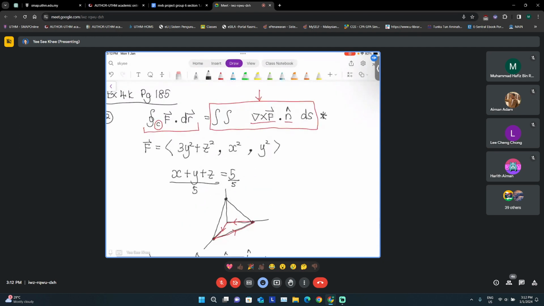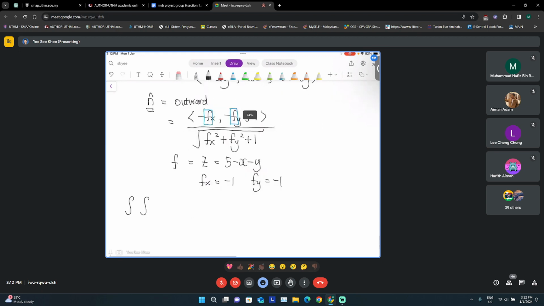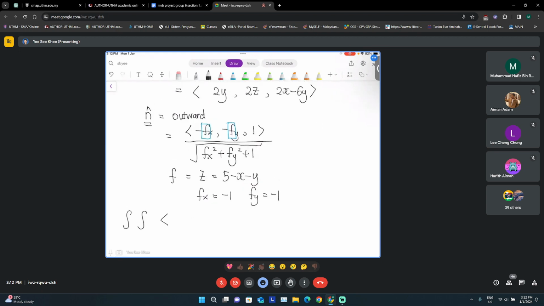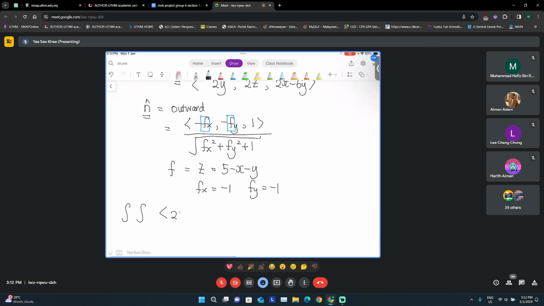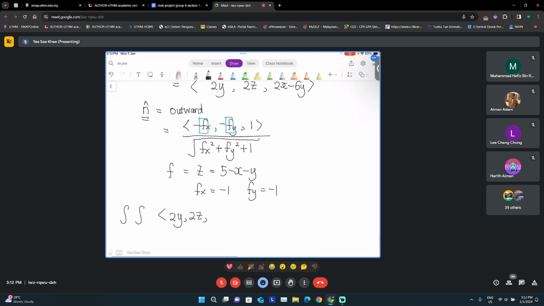Put it inside the equation. The dS will be cancelled out, and then what is left is dA. So we go to the double integral of the curl of the f. The curl of the f is 2y, 2y, 2z, 2x minus 6y.